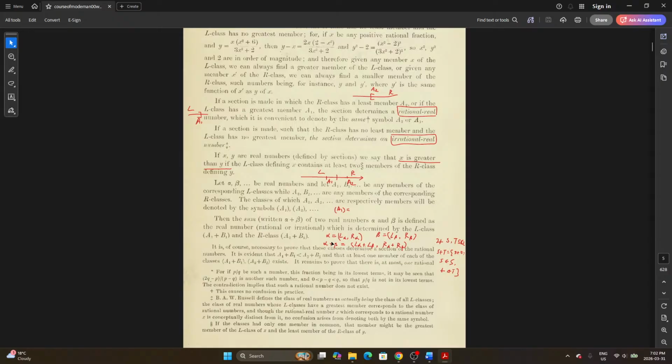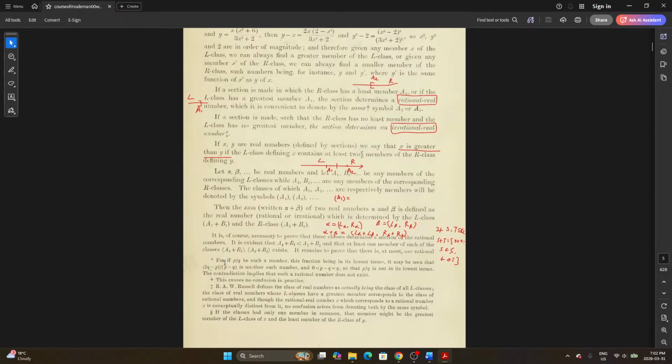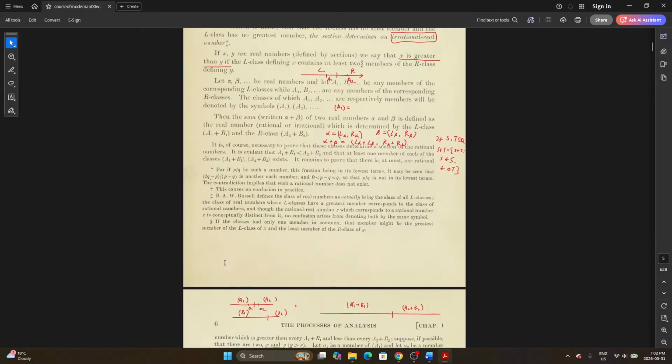Therefore, there's a lot of details that is left to be checked in this section. In the textbook, in the section on Dedekind's cut, only one proof is given, and that's the proof that addition is closed.